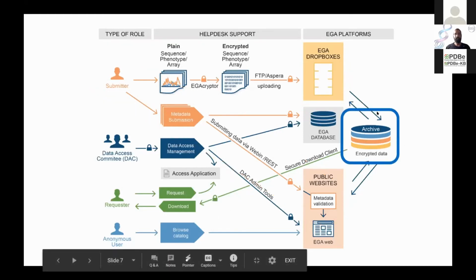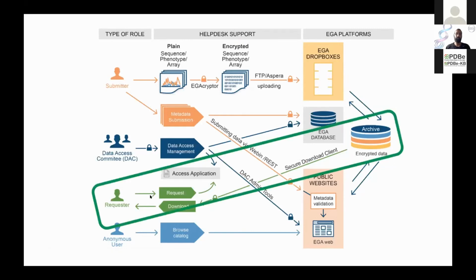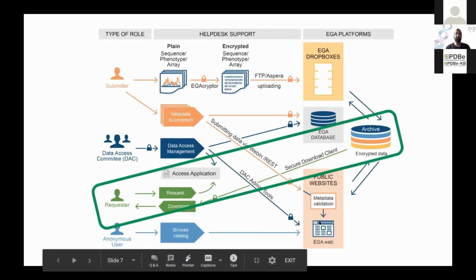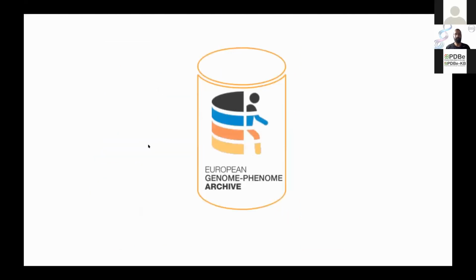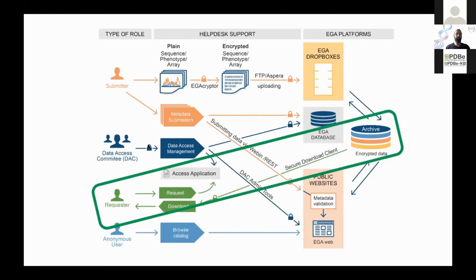Now the data is stored in the archive, and a requester who found some interesting information here would like to request access for this data. Then there is a secure way for requesting access and making a decision by the Data Access Committee to either grant or deny this access. And then the requester can get access or not.